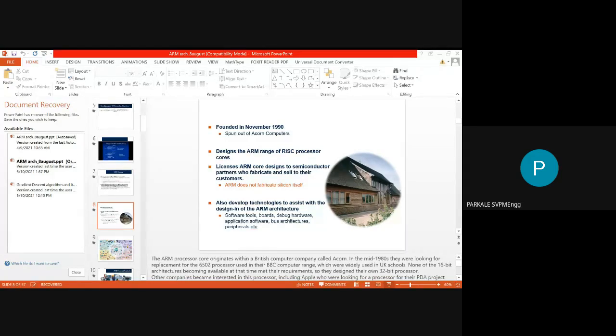ARM7 is used in GBA, iPod. ARM9 is used in NDS, PSP, Sony Ericsson, BenQ, in these companies' products. ARM11 is used in Apple iPhone, Nokia N93, N800. So 75% of 32-bit embedded processors are covered by ARM. That means in the world, about 75% of embedded processors are covered by ARM only. So this is the reason why we have to study the ARM processor.